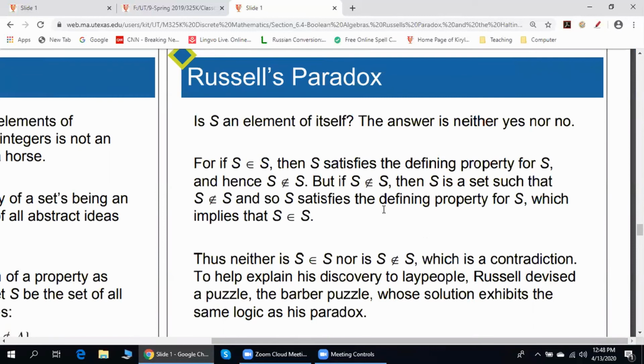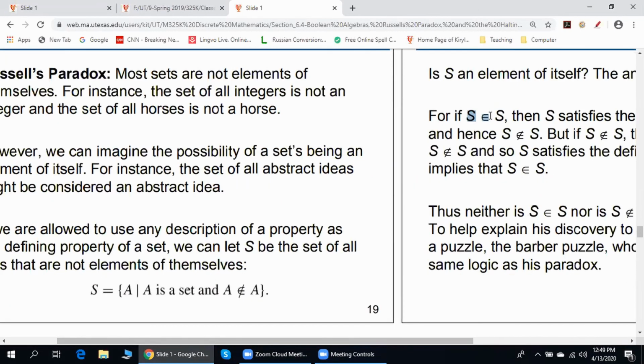Here's why. Well, there are 2 possibilities. S is an element of itself, or S is not an element of itself. Suppose S is an element of itself. If S is an element of itself, then S does not satisfy this property.